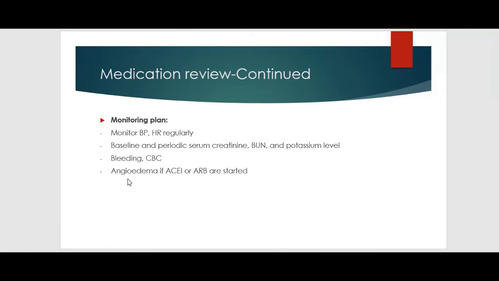And finally, you should monitor for angioedema, of course, a side effect or adverse reaction from ACE or ARB if the patient has never had these medications before, and how to manage these adverse effects if she experienced any of them. So usually, after the patient gets started on that medication, we would go and talk to the patient and counsel them on such adverse effects and what to expect and how to manage them.